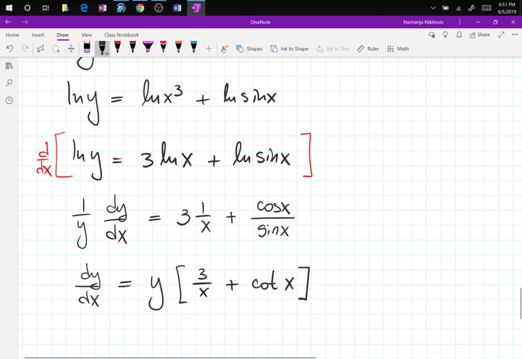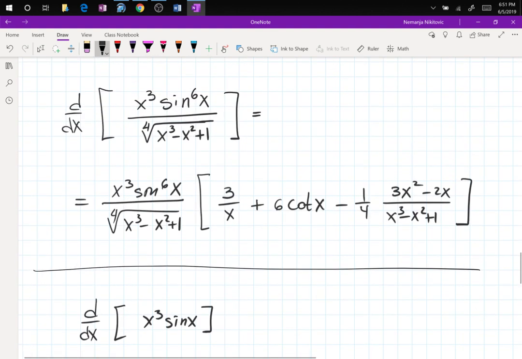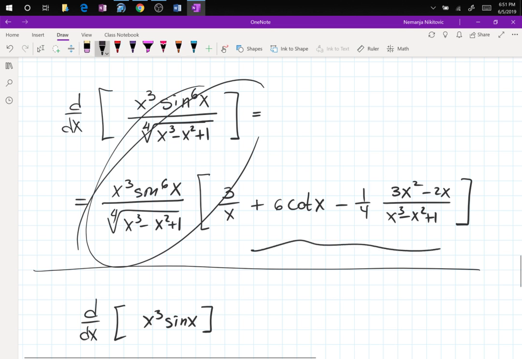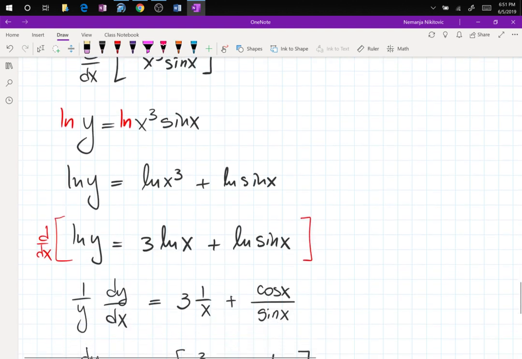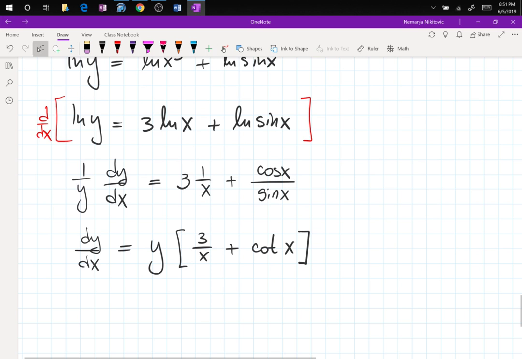What's y? y was the original problem, right? Remember how my long solution had that feature of copy the original problem and then do some voodoo magic over here? So dy dx is y, which was x cubed sine x, times 3 over x plus cotangent x.